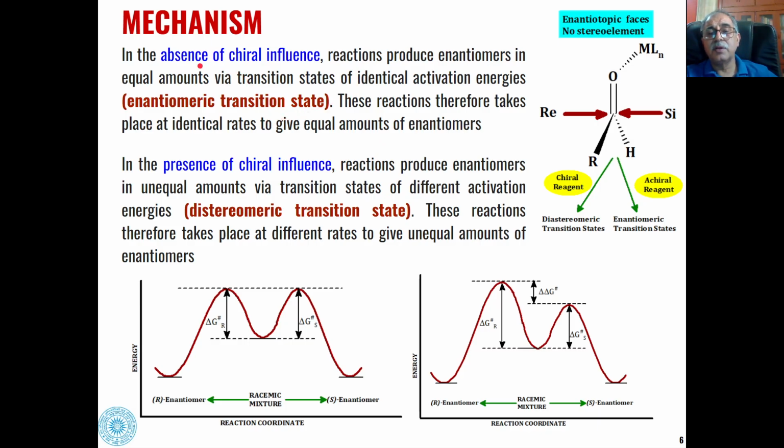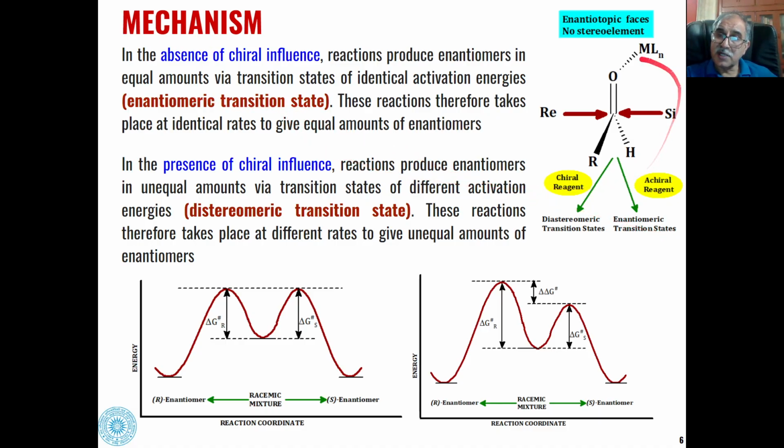For example, when there is no chiral influence present in the molecule, so there is no stereo element present, the metal ligand is optically inactive, and if we are using an achiral reagent, that is, an optically inactive reagent, the reaction will pass through an enantiomeric transition state.